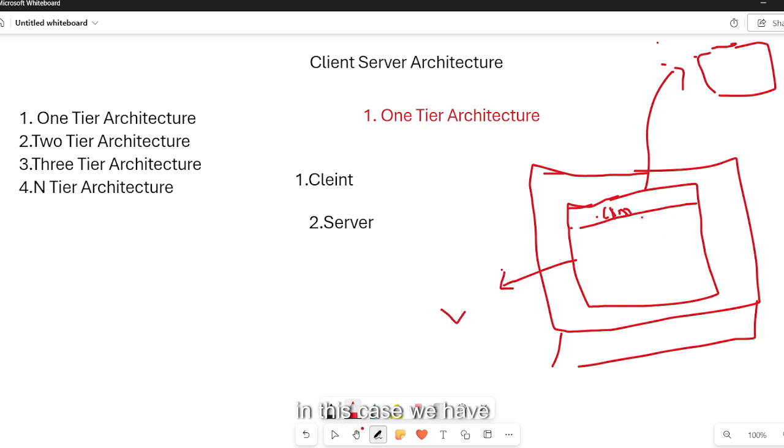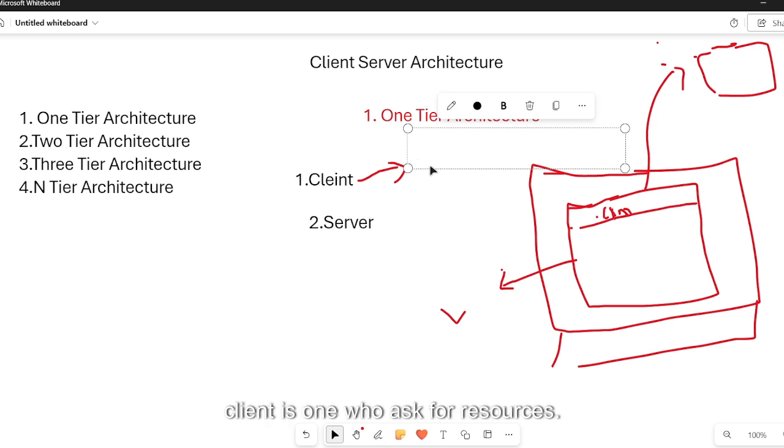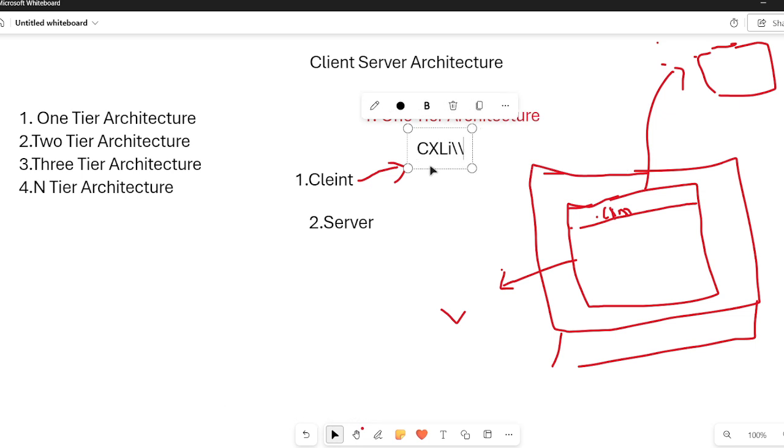Our browser is the client, and google.com, the server where the website resides, is the server. In a simple way, the client is the one who asks for resources.